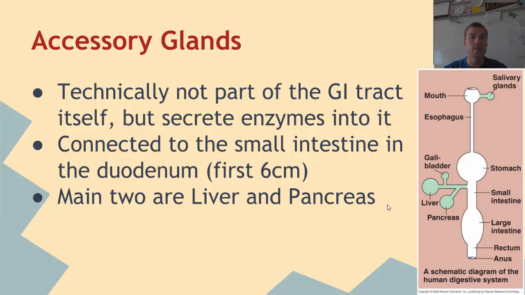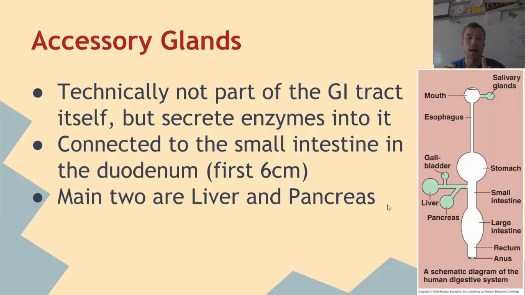What we have coming up is two things that are going to happen at the same time, okay? The food is going to move from the stomach into the small intestines. At the same time, accessory glands are going to be releasing enzymes into the small intestines in order to help digest the food. The main two accessory glands are the liver and the pancreas. The gallbladder is kind of important.